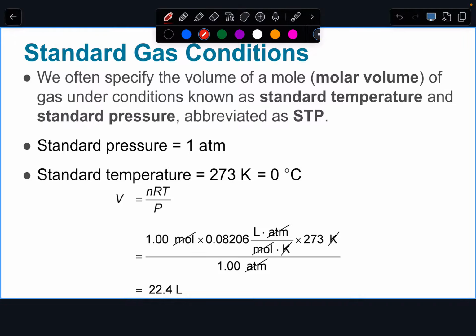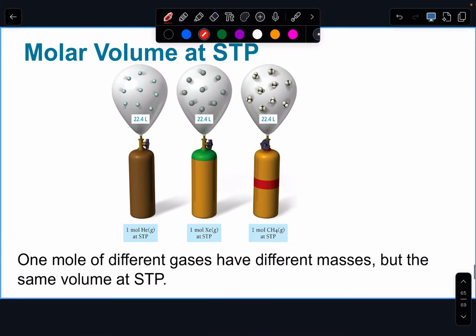Okay? Let me look at this picture for a second first. All right, so we take those numbers of 273 K and 1 atmosphere of pressure, and we develop this thing called molar volume, which just means the volume of 1 mole at STP.